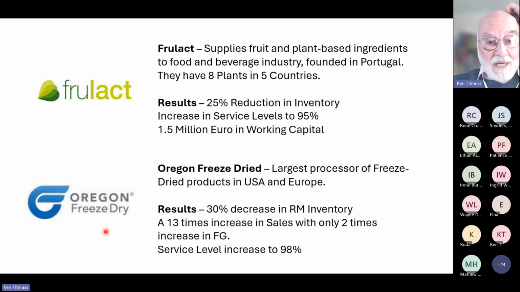They got a 30% decrease in their raw material inventory. Their sales climbed 13 times, okay? And they only increased their finished goods inventory by twice. So they doubled their finished goods inventory, and their sales went up 18 times. Service level increased up to 98%.